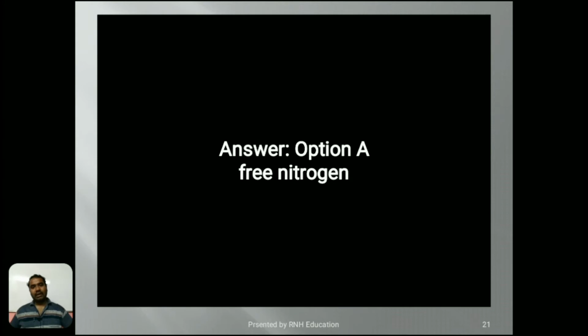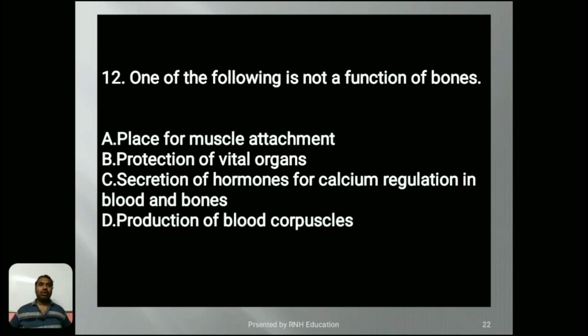And the next question, that is question number 12. One of the following is not a function of bones. Options are A. Place for muscle attachment, B. Protection of vital organs, C. Secretion of hormones for calcium regulation in blood and bones, D. Production of blood corpuscles.